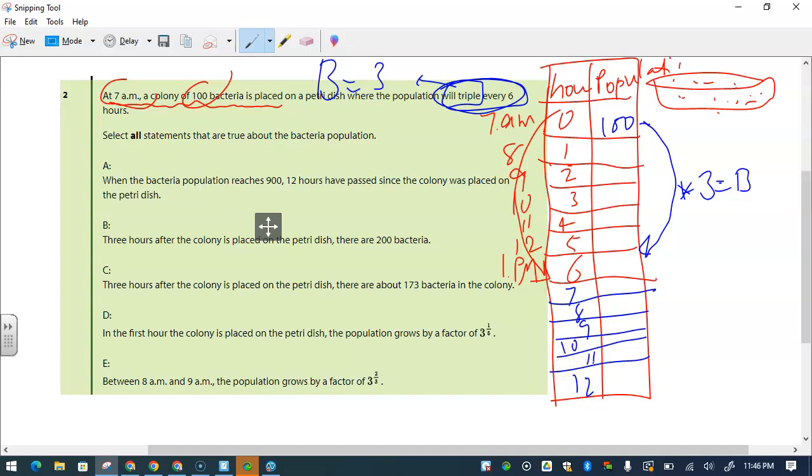So this 100, which is in the beginning, triples. If I multiply by 3, you get 300, and then again multiply by one more 3, you get 900. See? So this is a group of 6 hours. The previous problem was about a group of 3 months. The growth rate B was 1.25, but here it is the same kind of problem.